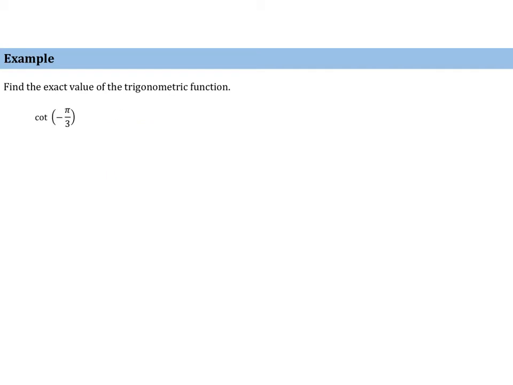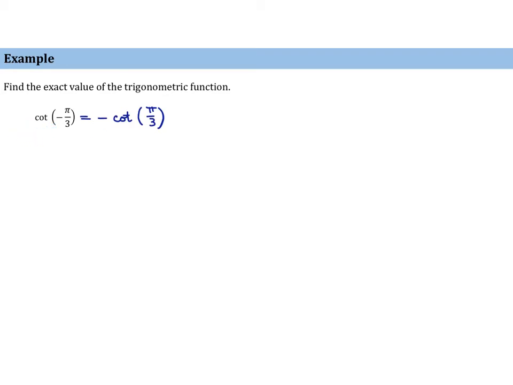And for our last example, cotangent of negative pi over 3. Well, cotangent is an odd function, so this will be the same thing as negative cotangent of pi over 3. Now, one thing that I want to remind you of with our even and odd functions is this negative is not getting factored out.